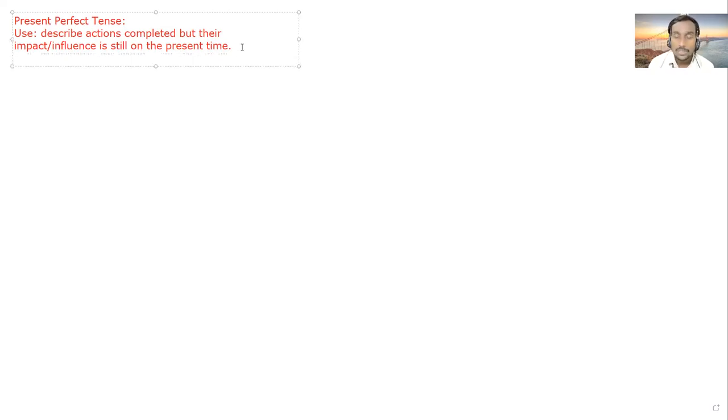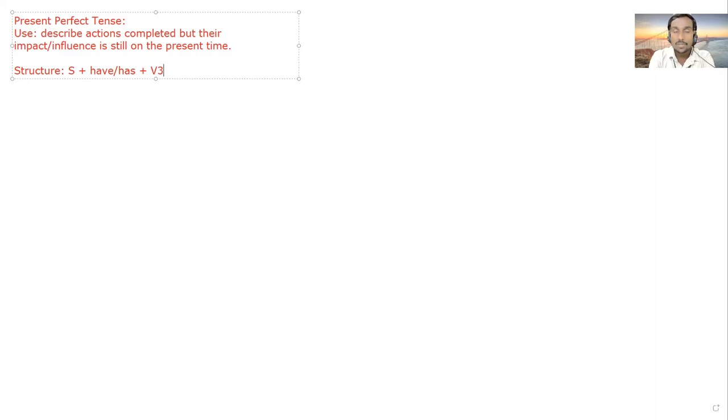All right, so if this is the use, then let's talk about its structure. You can tell me what will come after the subject. Have or has. After have and has, there will be the main verb. The main verb is going to be in which form?